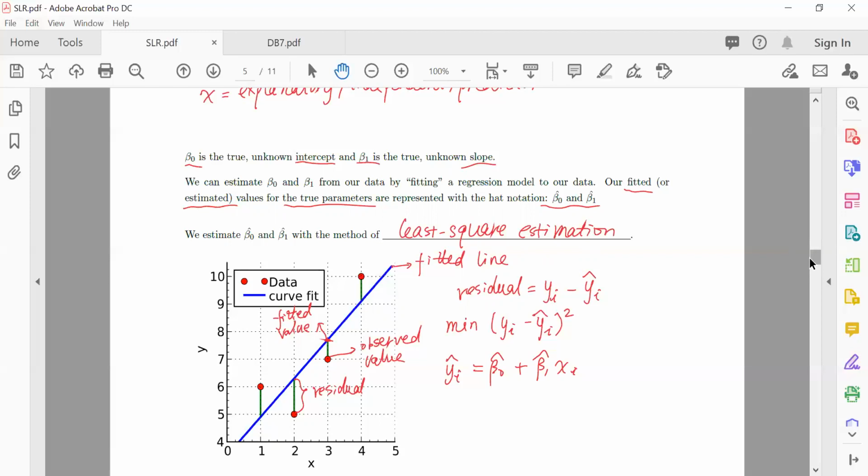So this is the fitted line. This y hat equals beta 0 hat plus beta 1 hat xi. This is this line here. And because it's just the estimates, this is just the line, so we don't have any random error epsilon associated with it.